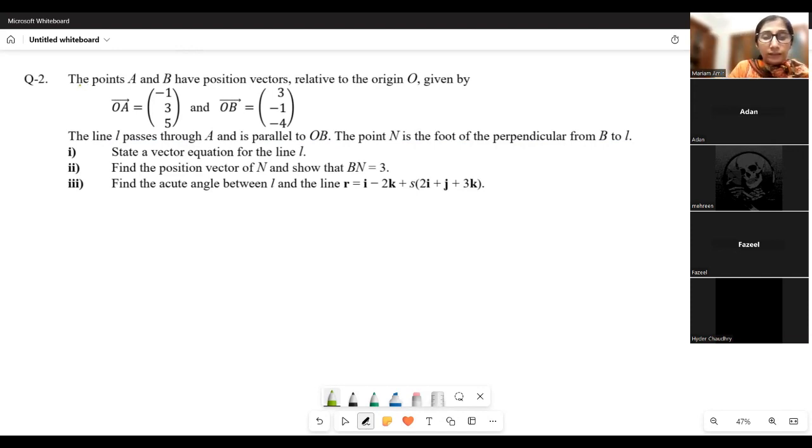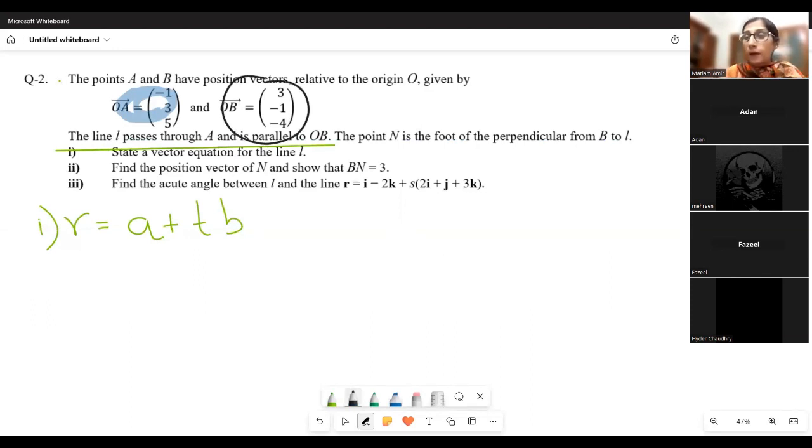Okay, it says that the line L passes through A and is parallel to OB. So that means we can use this equation, r equals a plus tb, because we have one known coordinate from which the vector passes, and we have one vector that is parallel to that equation.